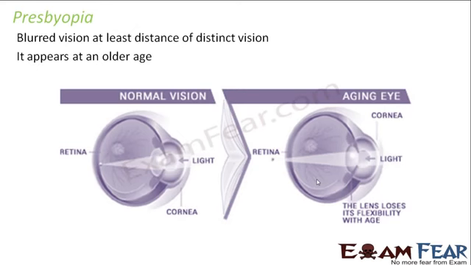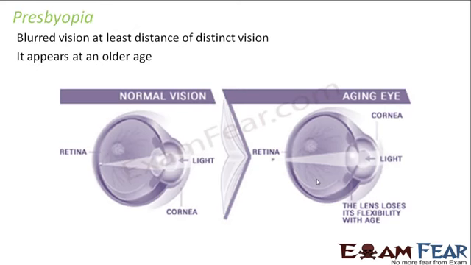Why does this happen? This happens because with increasing age, the eye lens, because the eye lens is nothing but again a lens, right? End of the day. So this lens also loses its flexibility to increase or decrease its focal length, because the increase and decrease of the focal length of the eye lens is controlled by the ciliary muscles.